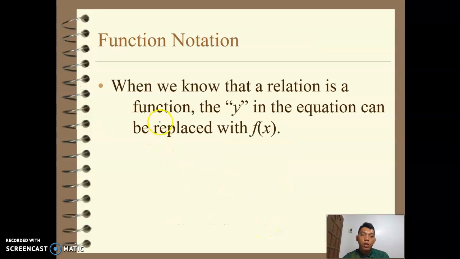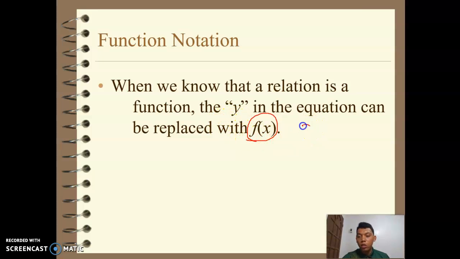So, function. Let's proceed now to function notation. When we know that the relation is a function, the y in the equation can be replaced with f of x. In the topics that we're going to tackle later on, we will be encountering a lot of this kind of representation. This is just similar to writing y.